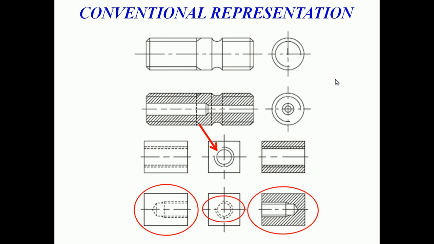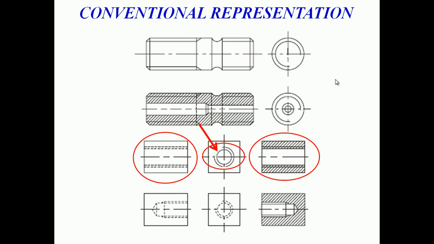The next diagram shows clearly that, compared to the third diagram, the fourth diagram has a hole and also a thread. In the third diagram, it's a through hole and it is threaded, shown in the sectional view and without section. The views clearly give the front and side view.